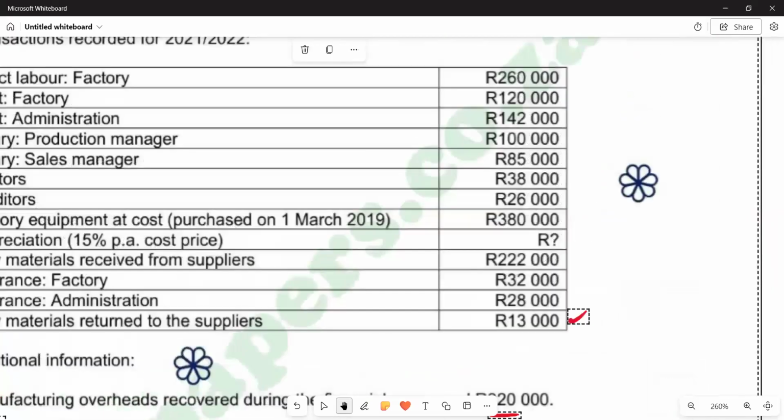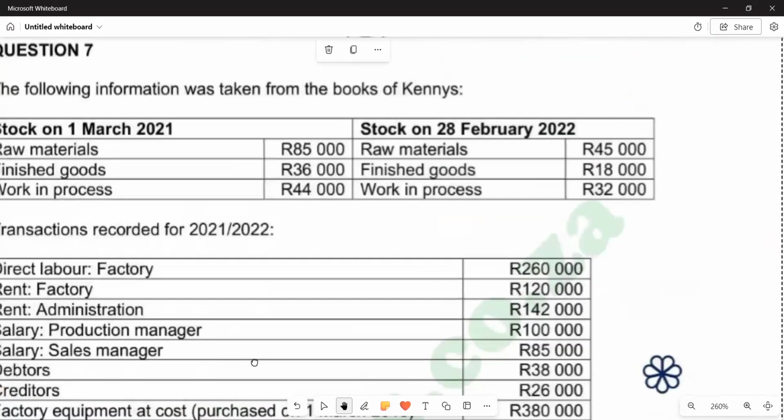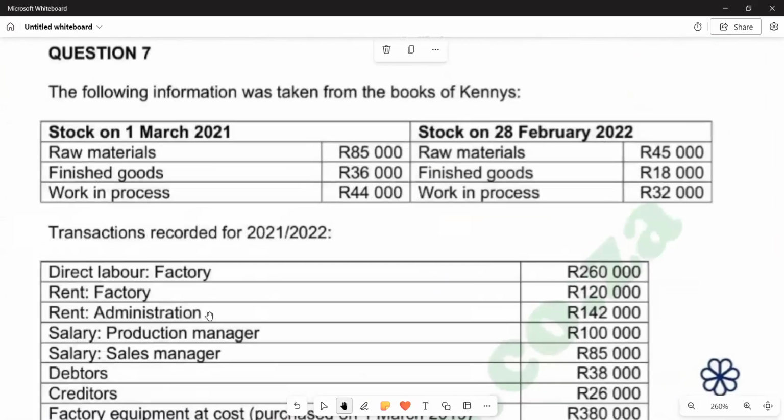Of course, we are given opening and closing balances at the beginning of the period, so no need to go below the trial balance. Remember, the opening we said is 85,000. The closing is also mentioned there, where we have 45,000. So that's our closing, if the date is saying 2022, that's where the year is ending. So 45,000 is the closing inventory or closing stock.